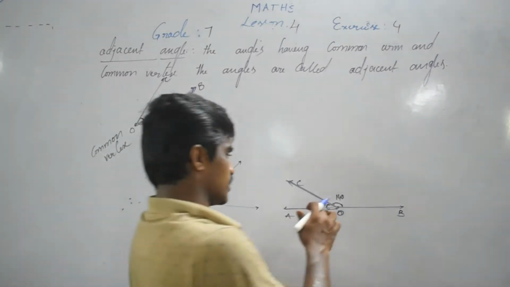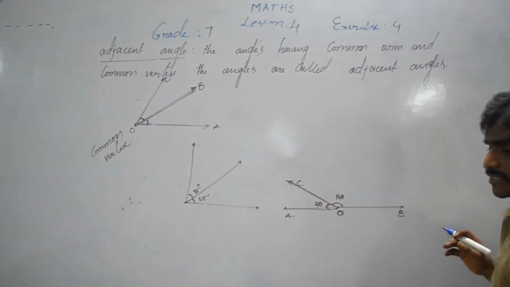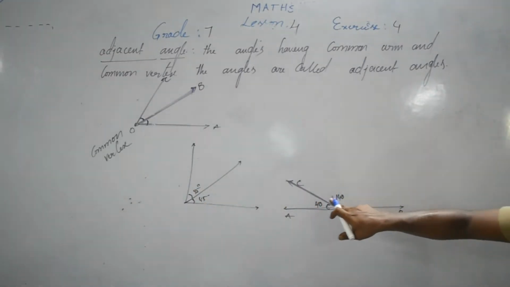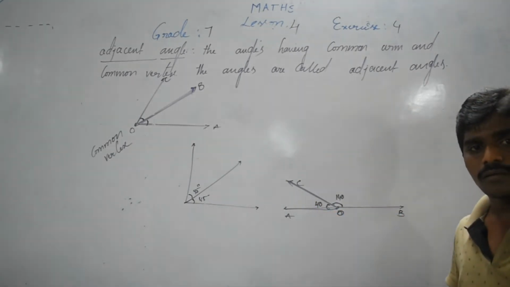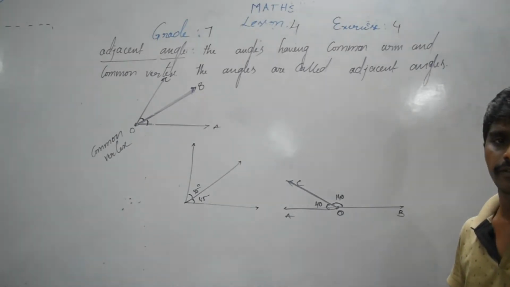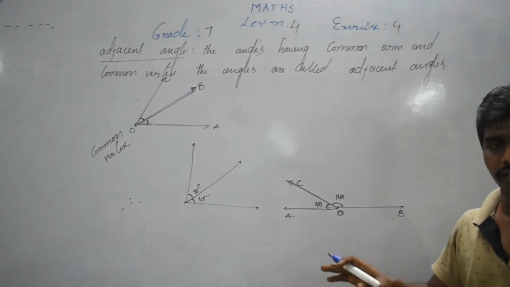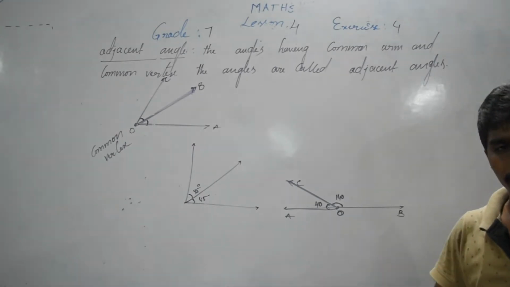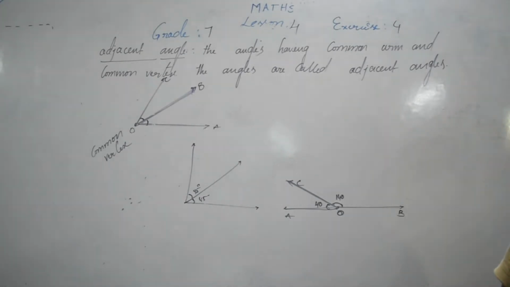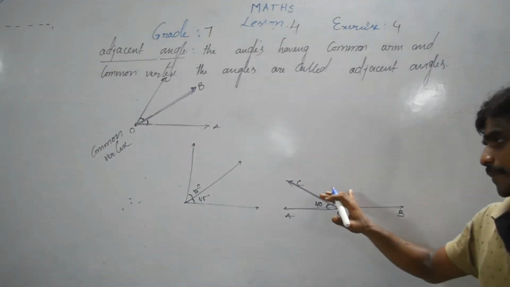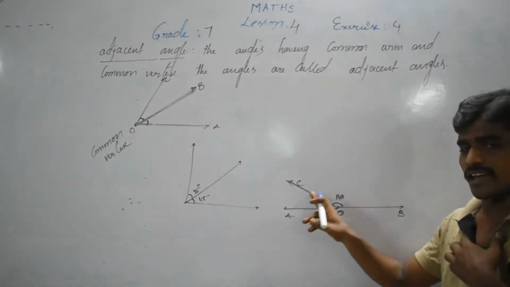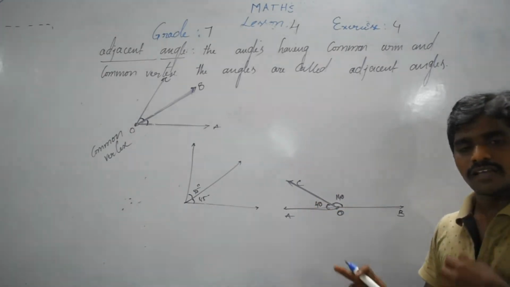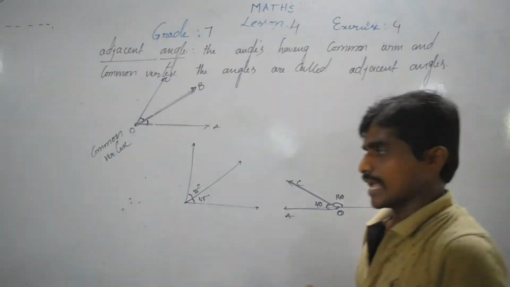So here these adjacent angles, how many degrees? 40 and 140. How many degrees is the sum? 180 degrees. The sum of the two angles is equal to 180 degrees. What do we call them? Very good. Supplementary angles. See, when the sum of the two angles is 180 degrees, we call them supplementary angles.